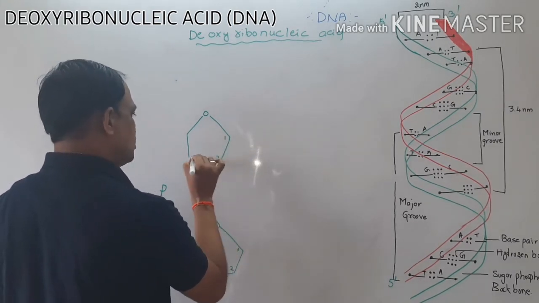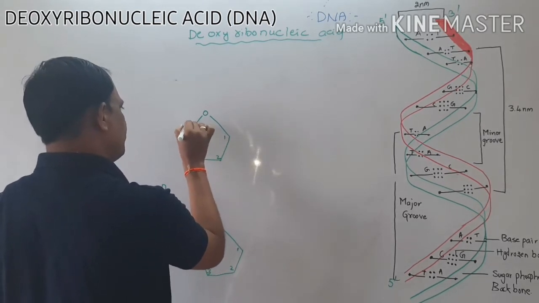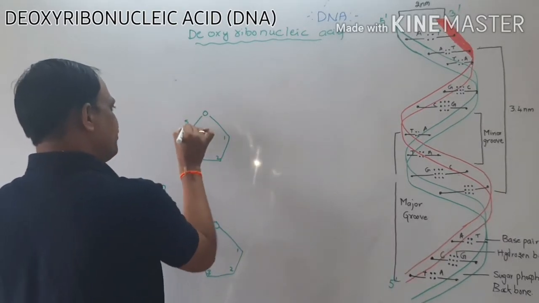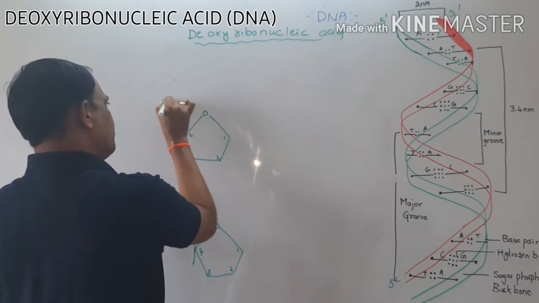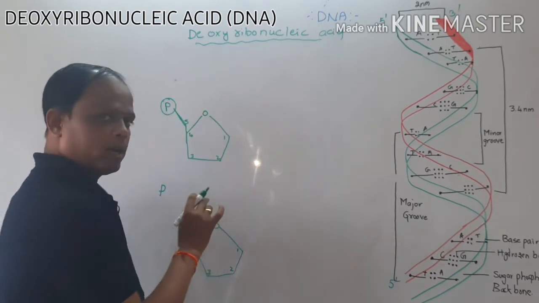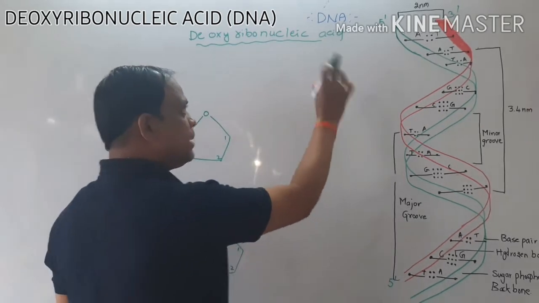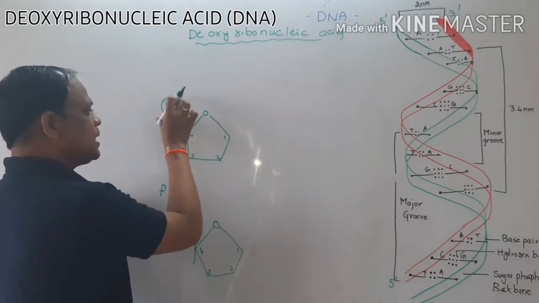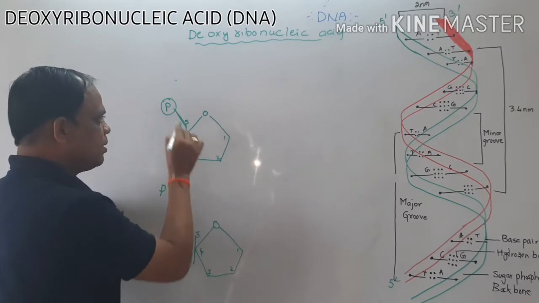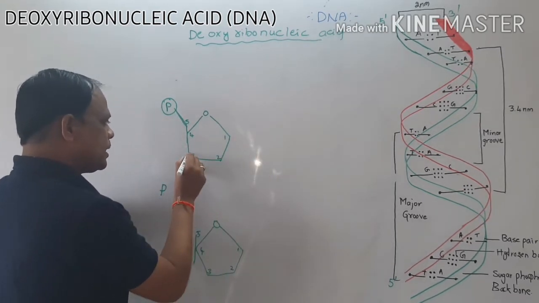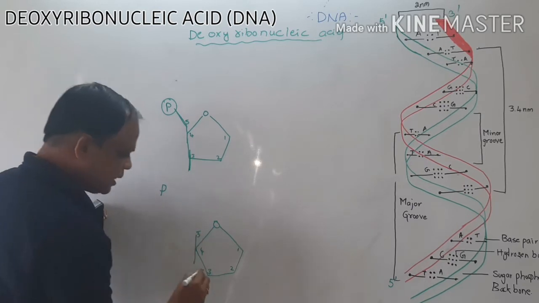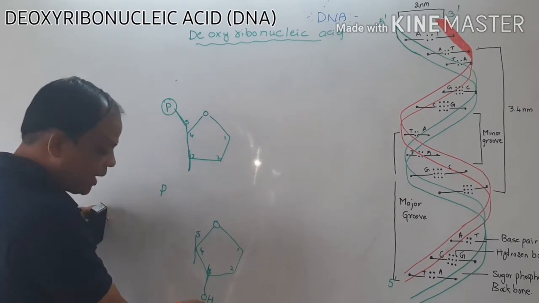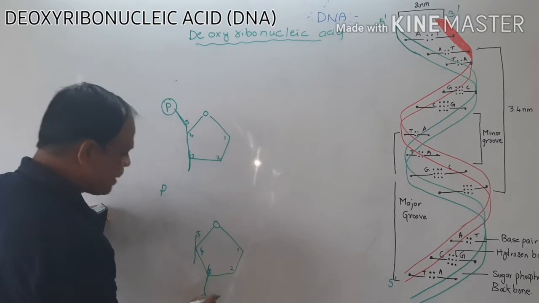The 5 prime end means the fifth carbon of the pentose sugar has a free phosphate group. And the 3 prime end means the third carbon of the pentose sugar can bind an OH group, a hydroxyl group. This is called the 3 prime end.